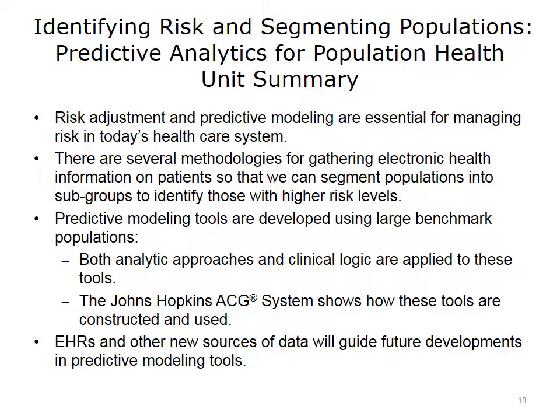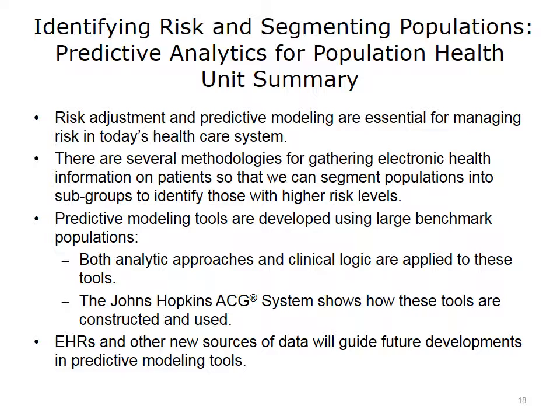Risk adjustment and predictive modeling are essential for managing risk in today's healthcare system. There are several methodologies for gathering electronic health information on patients so that we can segment populations into subgroups to identify those with higher risk levels. Predictive modeling tools are developed using large benchmark populations.